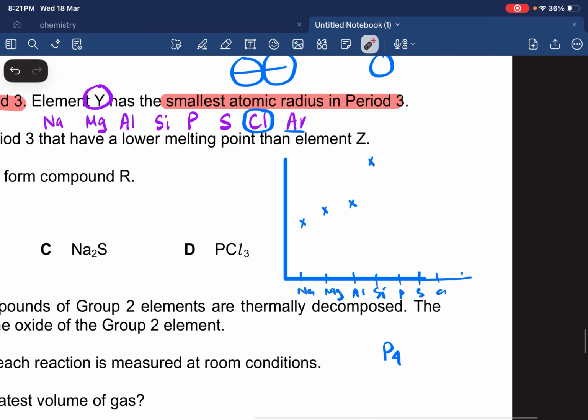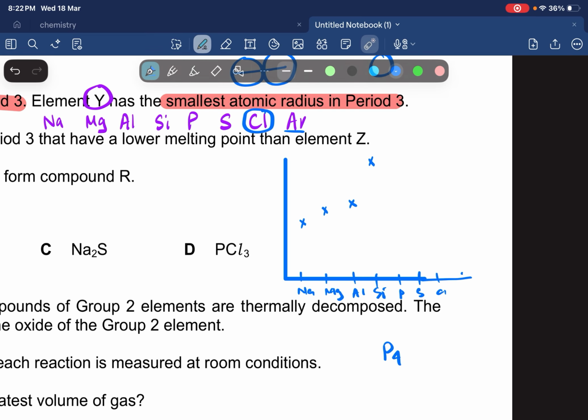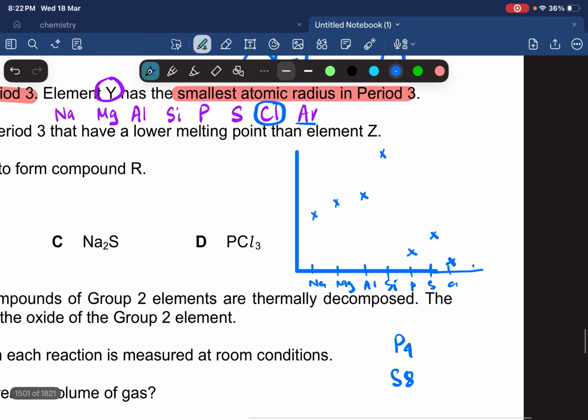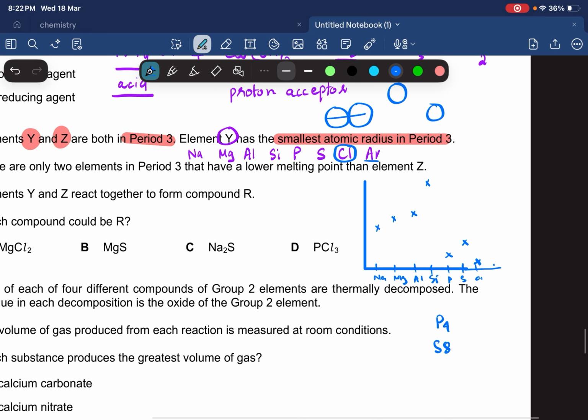So P is going to come somewhere here. Sulfur is going to be above P because sulfur has a molecule of S8, more electrons, and chlorine is going to be below. So now that's what we've got. And then argon is even going to be below chlorine.